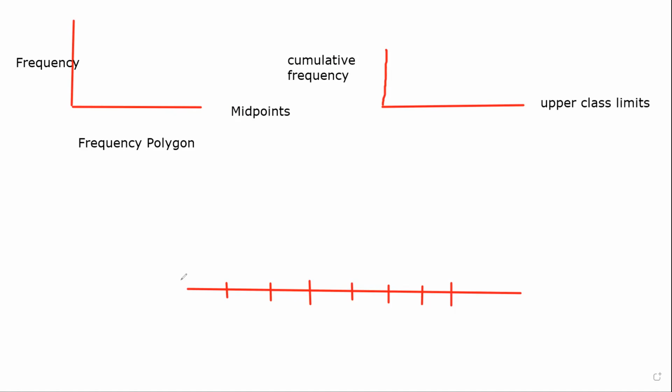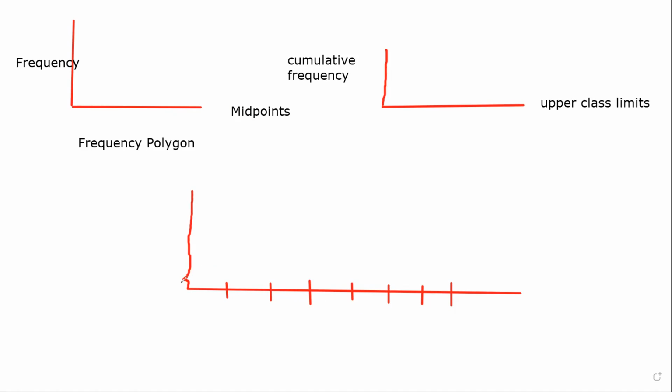Sometimes you'll see this in the book. They'll go up and they'll make a little mark, and then they'll say, okay, we made our line. And this little mark means that there's a break, because obviously the bottom of this is 0.